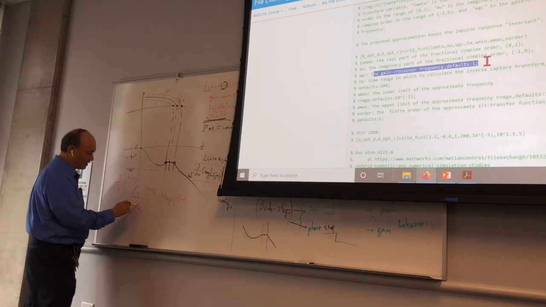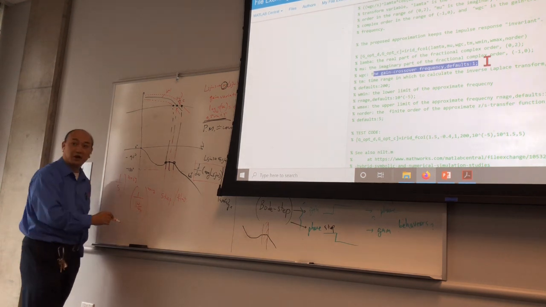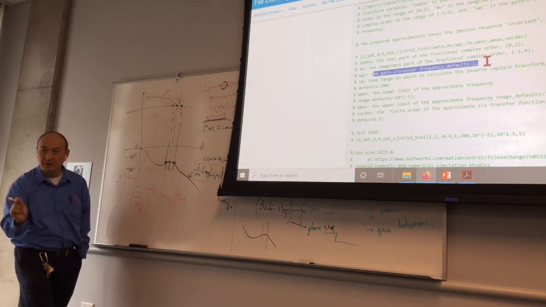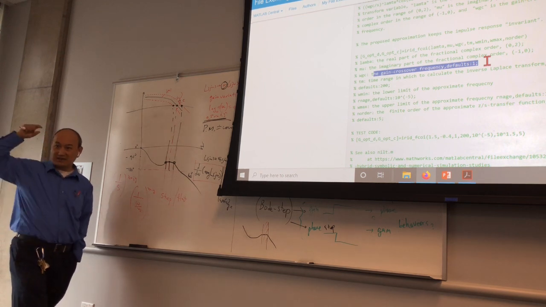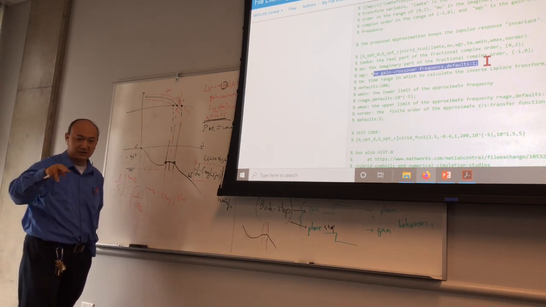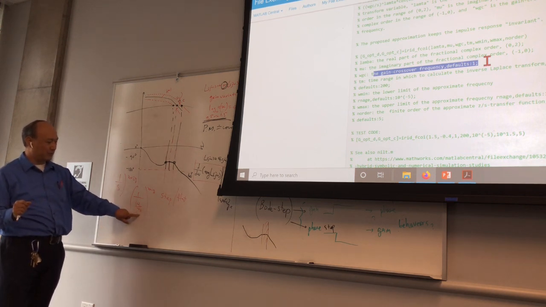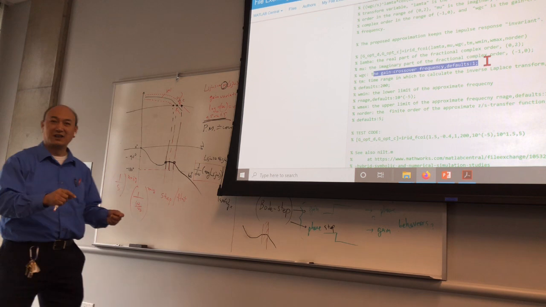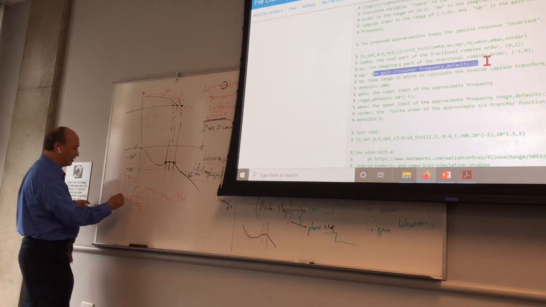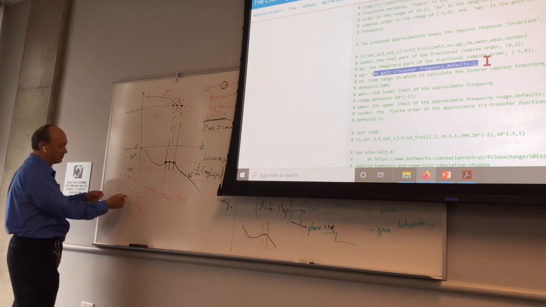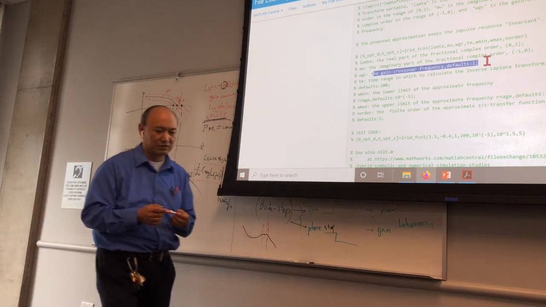So when omega equals omega 0, this is 1, right? So 1 is 0 dB. That's the frequency where you cross the real axis. Of course, usually you can use omega 0 as 1, so then you just normalize everything as k.